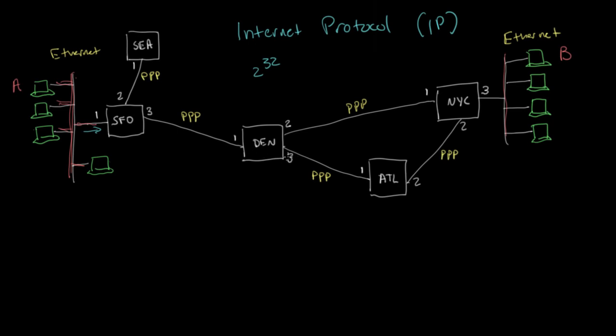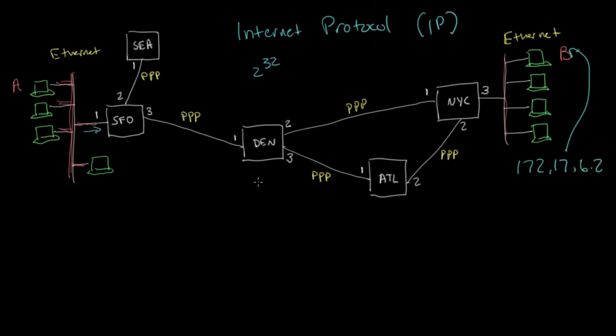So what we can do is, instead of listing every address individually, we can group ranges of addresses together by prefix. So maybe the IP address of this computer over here in New York is, say, 172.17.6.2.